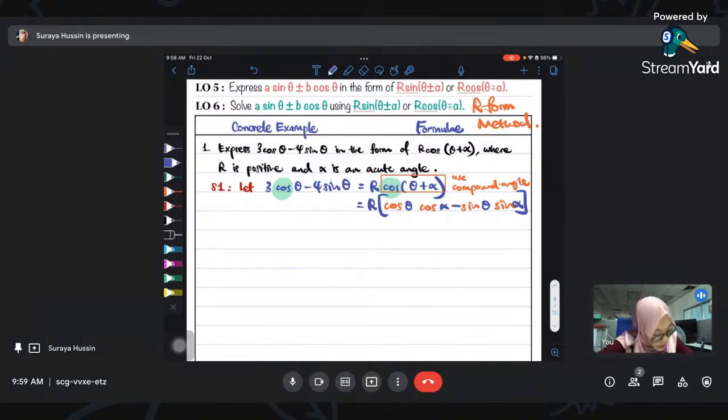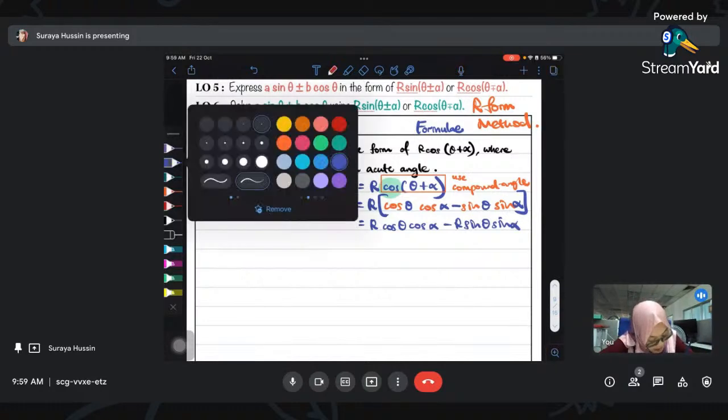And then you expand it, you will get R cos theta cos alpha minus R sin theta sin alpha. Darab masuk sahaja.